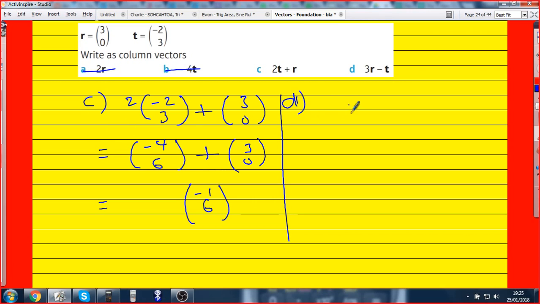So 9, 0. Then you take away minus 2, 3. So that makes it a plus the top one, doesn't it? Yeah. 9, 2, so that's 11, and then it's 11, 3.